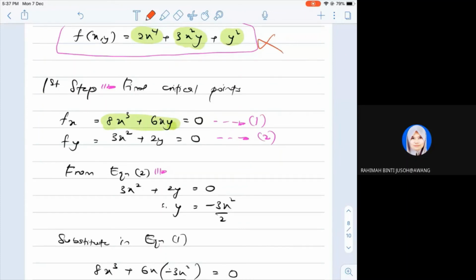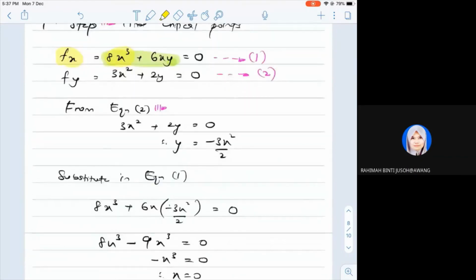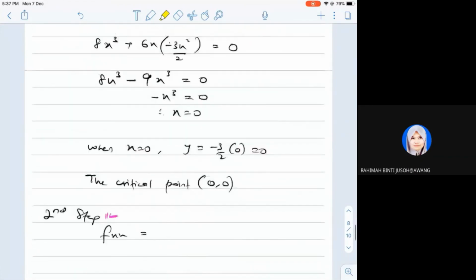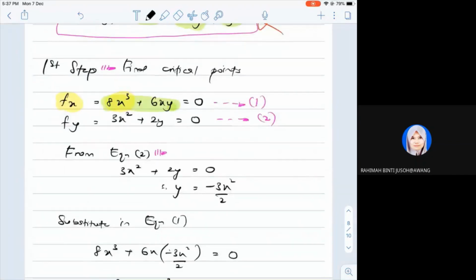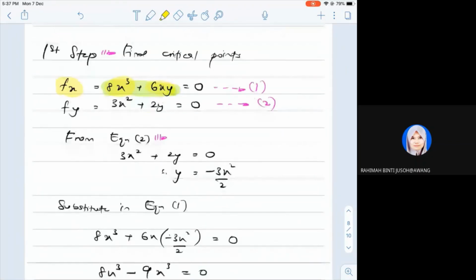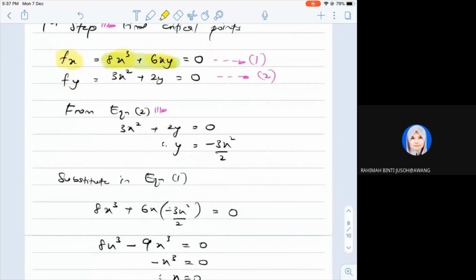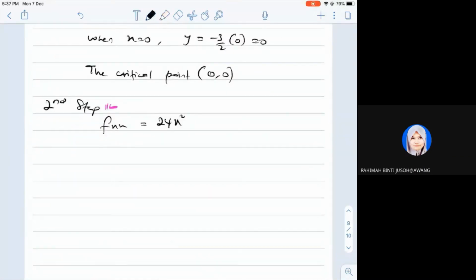So kita kena refer ni fx because we want to differentiate again. So we refer to this function 8x cubed, differentiate with respect to x, we will get 24x squared, and then plus 6xy, differentiate with respect to x again. So we will get 6y, yes, plus 6y.